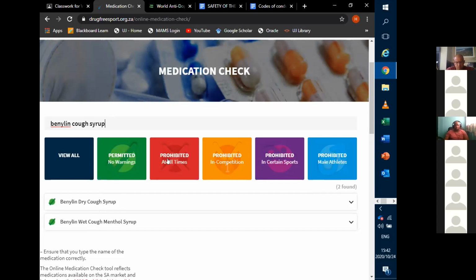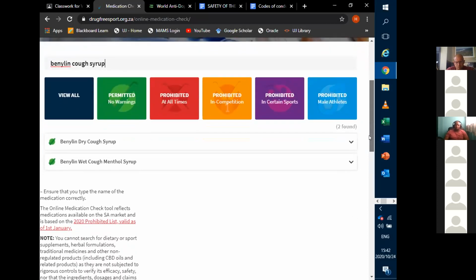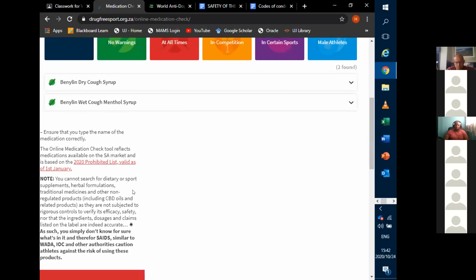If it comes up as red, it's prohibited at all times. If it's orange, it's only prohibited during competition. Purple, only in certain sports. And then the blue is prohibited in male athletes. So this is a very, very nice app to have.